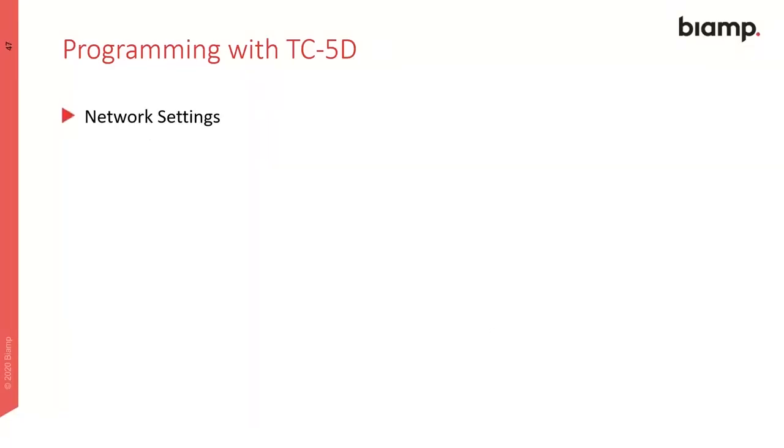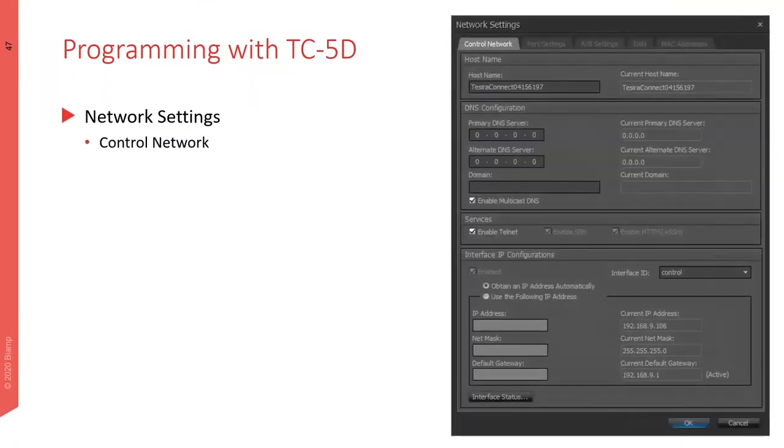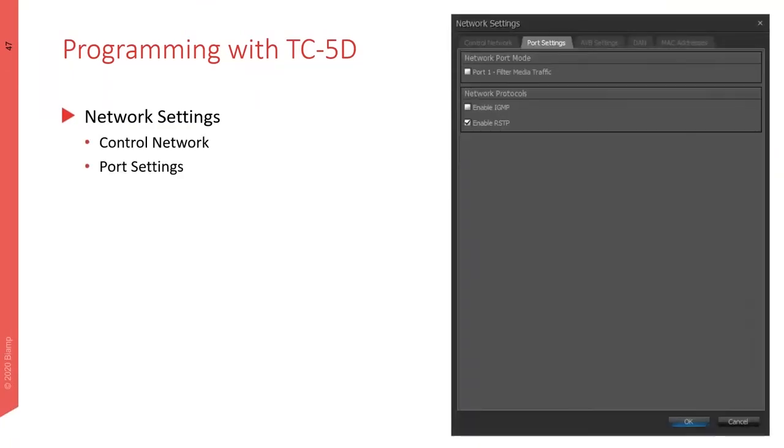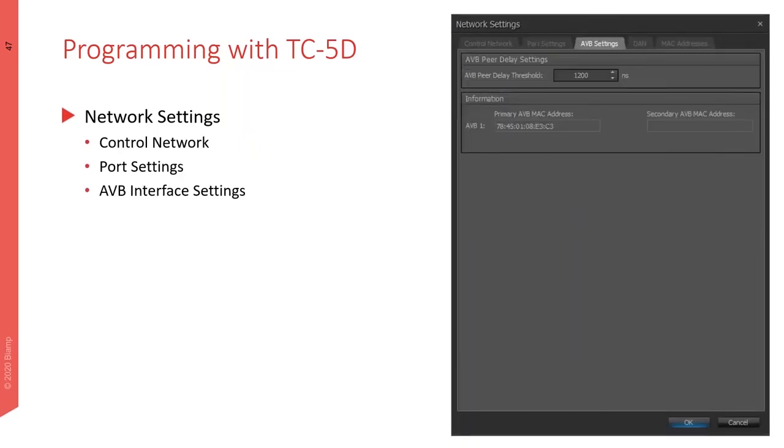Programming starts by going to the network settings and assigning the control network. You have the port settings and the AVB interface settings. Sometimes, if you have long distances, you need to change the AVB peer delay time threshold value, or match it to the switch configuration if you have an integrated system with AVB switches.